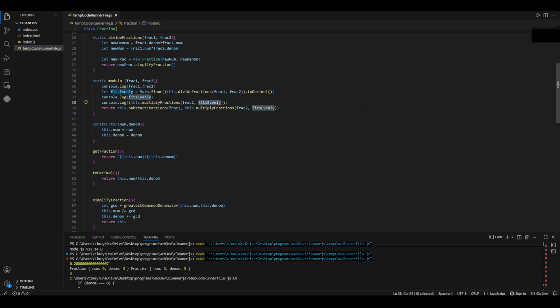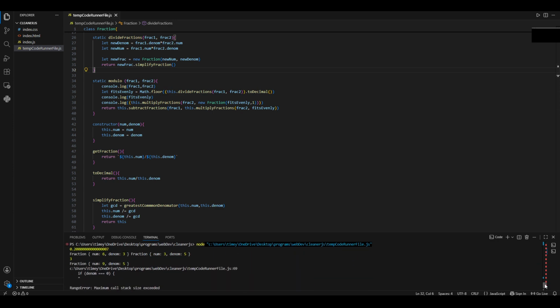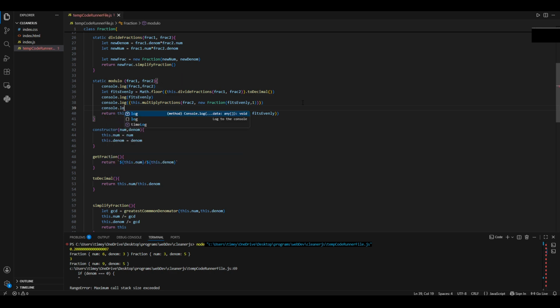Oh, this isn't a fraction. And then why does this not run? Here's a little shortcut. Click Control K C. Comment out the line.